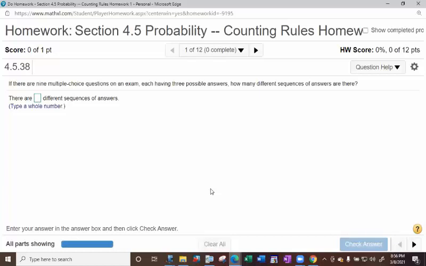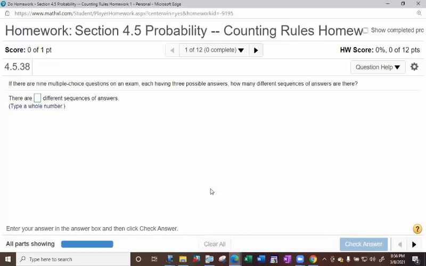This will be perfect. Like I said, this one I was talking about has like 12 problems, but they're all pretty quick. I could probably do most of these here. Maybe I'll do all of them real quick. Let's see. 9 multiple choice questions on the exam, each having 3 answers. How many different sequences of answers are there?